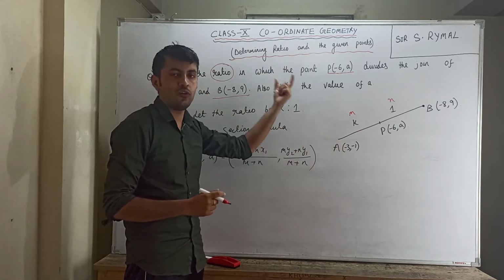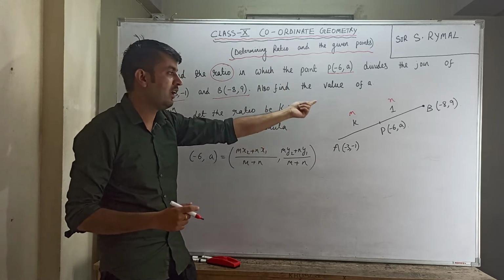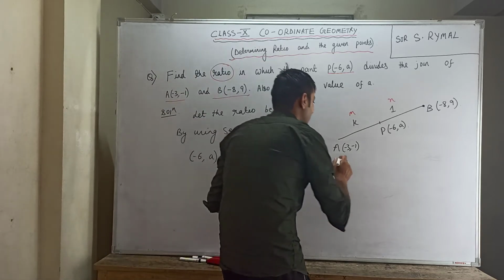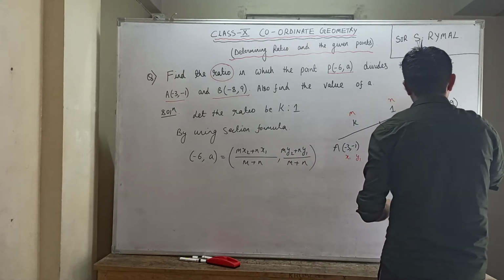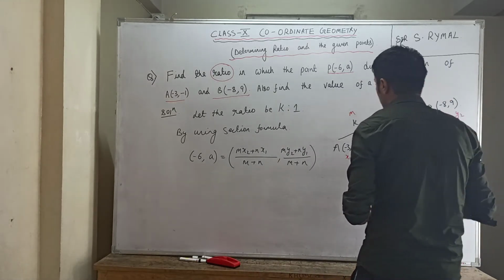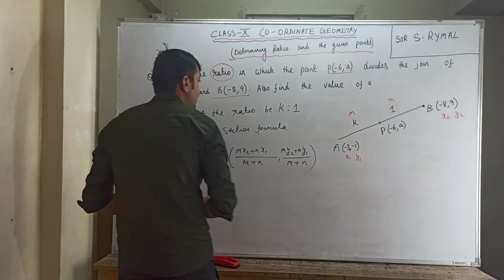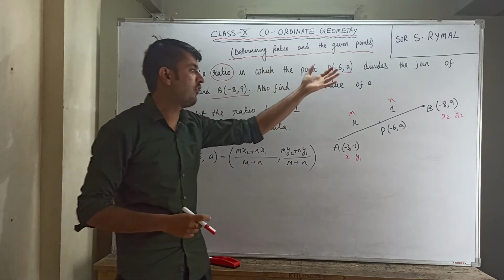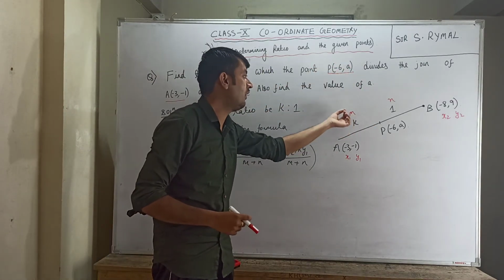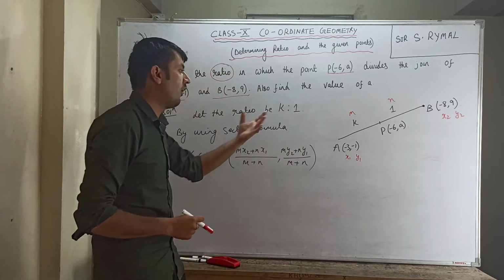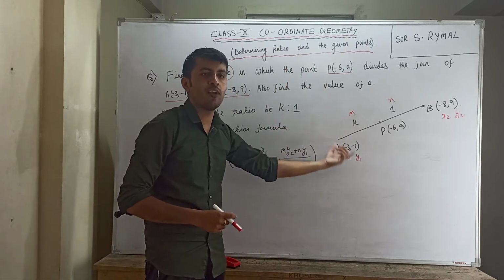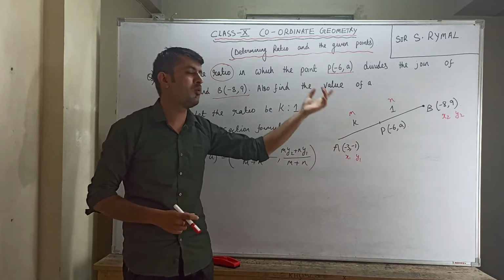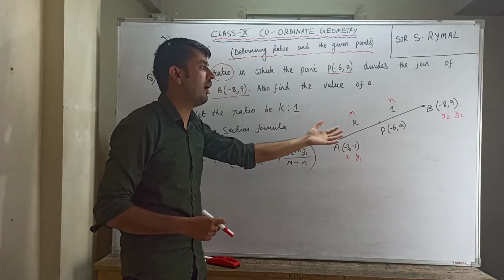In the figure you can mention here x1, y1, and this is x2, y2. So you have identified all your points, that means the ratio and the points x1, y1, x2, y2.